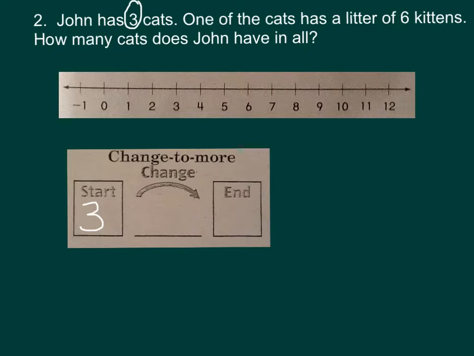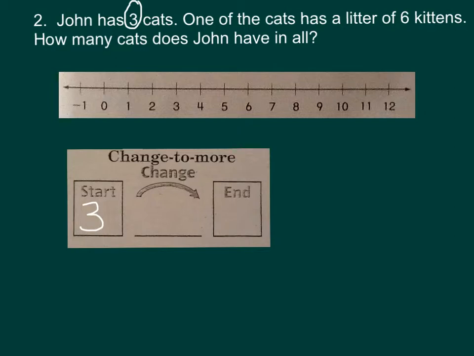And we know that we're going to be changing to more because they're telling us that there's more kittens coming. And it says, how many cats does John have in all? So if we change to more, that means we're going to be adding some kittens to it. How many kittens are we going to add to this?